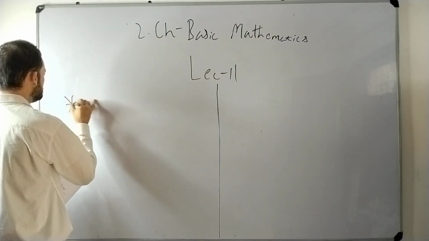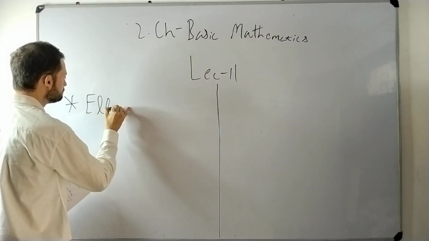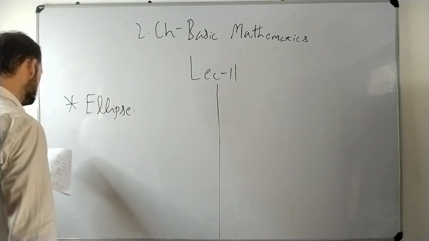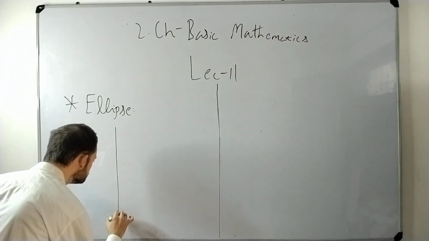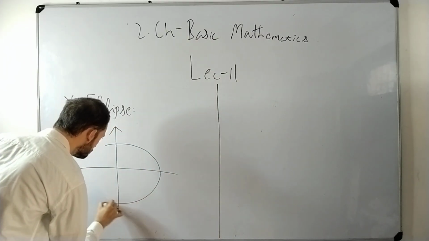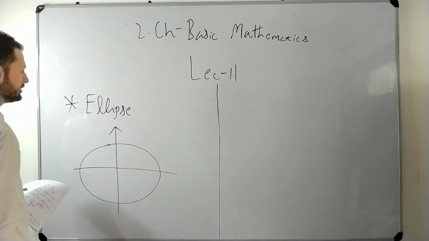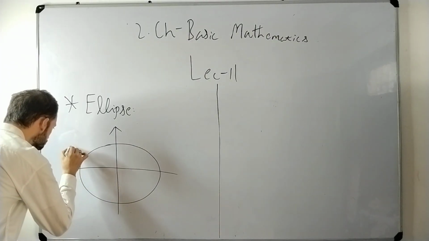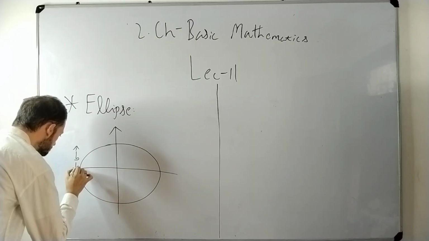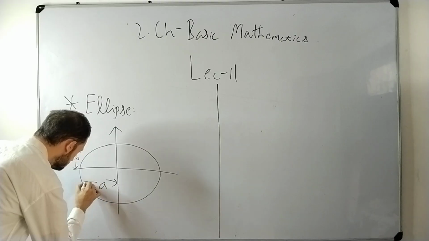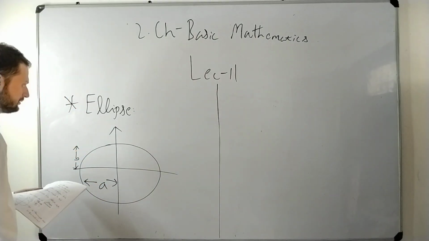First, ellipse. This is an ellipse. This is B axis, B is the semi-minor axis. A is what? Semi-major axis.